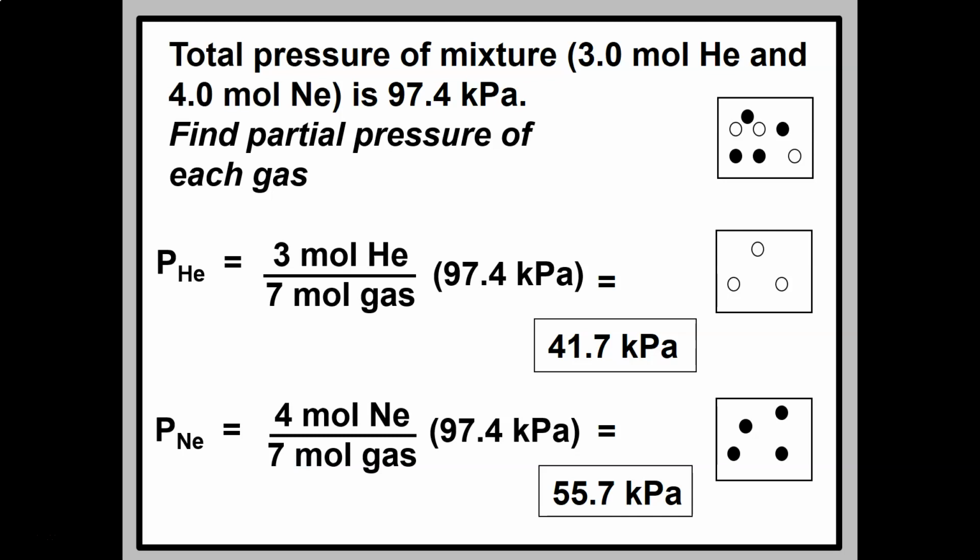At this point, everybody starts going, wait, can't you just subtract? Couldn't you do 97.4 minus 41.7? Yes, okay, but I always caution people against getting an answer to part 2 that relied on you doing part 1 correctly. If you hit your calculator wrong for the helium calculation, and then you base your neon answer off of that, you're going to get both wrong.